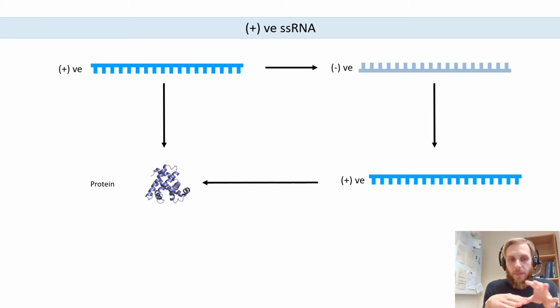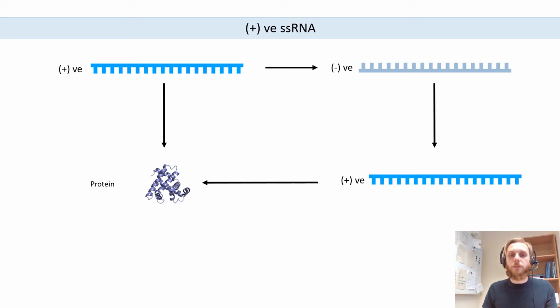There's an issue here, however, in the sense that there's a limit on this process. So if this is the only genome expression that's going on in terms of the viral genome, there's a limit, because the virus comes into the cell, it comes in with its genome, and that's a finite amount of genetic information, so there's only so much translation that can occur.